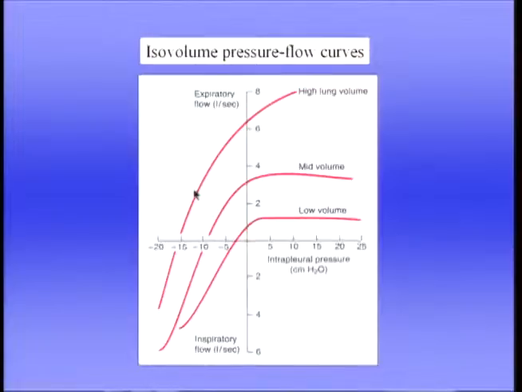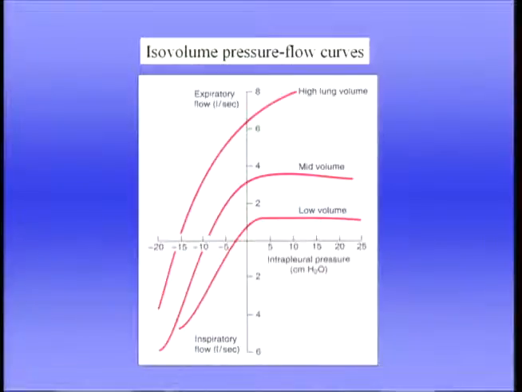Now the reasons for this can be clarified on the next image, and this is a little bit complicated initially. The important thing to realize about this image is that these curves here are not obtained from single expirations. The way these are obtained is that you have a patient during a series of expirations and inspirations, and you measure the flow rate and the intrapleural pressure at different stages of the inspiration.